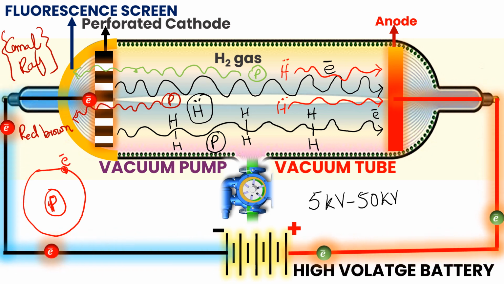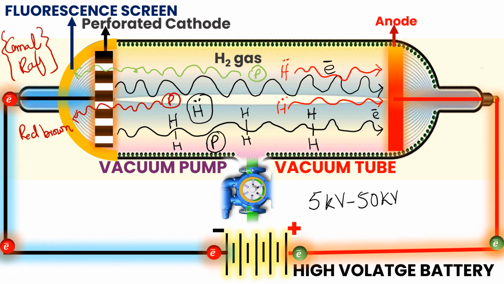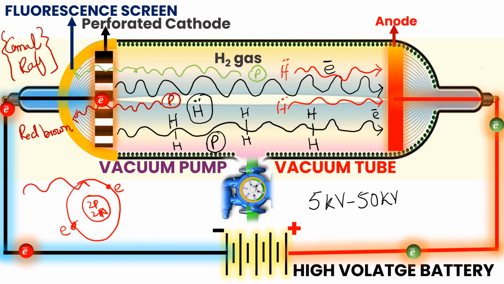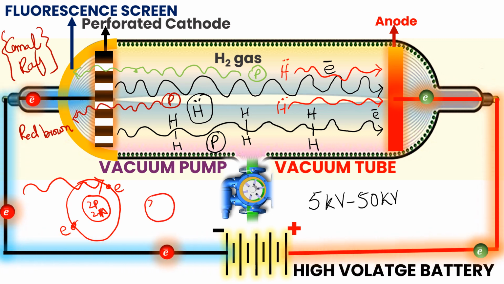Okay, suppose the helium atom has a nucleus with two protons and two neutrons, and two electrons are revolving somewhere in the orbit or shell of the helium atom. So when the cathode rays fall on the helium atom and interact with it, it will convert into an ion, and the nucleus of the helium atom, which will be positively charged, is based on two protons and two neutrons.